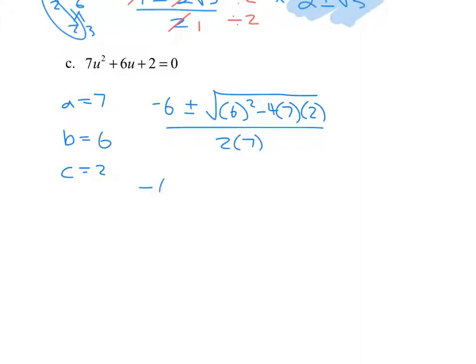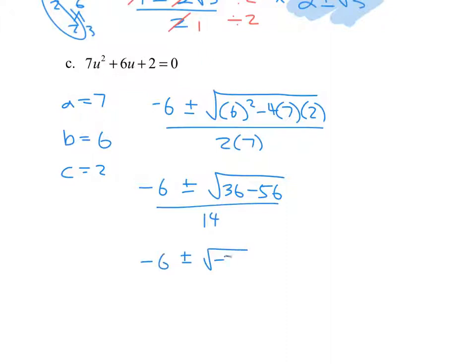And we get negative 6 plus or minus the square root of, inside here we get 36 minus 56 over 14, which is negative 6 plus or minus the square root of negative 20 over 14.